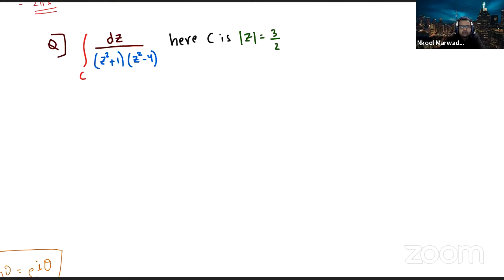One more interesting thing: if in this function you get any point which is not analytic, then residue exists, and if residue exists, then we can calculate the residue.